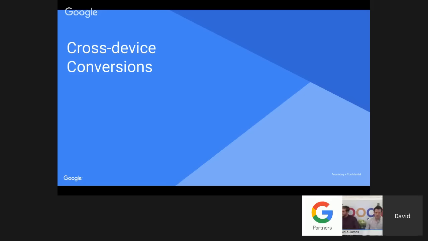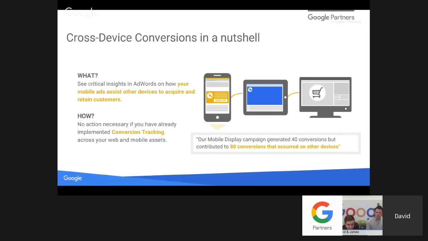So Dave has done a great job of explaining the importance of mobile and the impact that mobile has on your clients' businesses, and he's done this with the idea of micro moments. When it comes to brass tacks and actually measuring these, we want to talk about cross-device conversions.